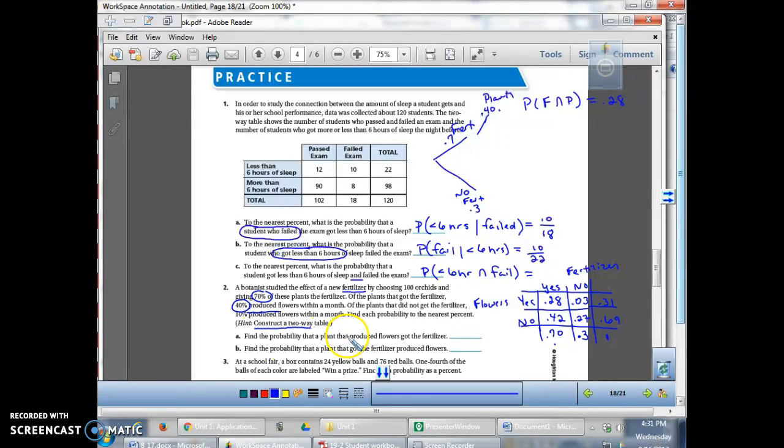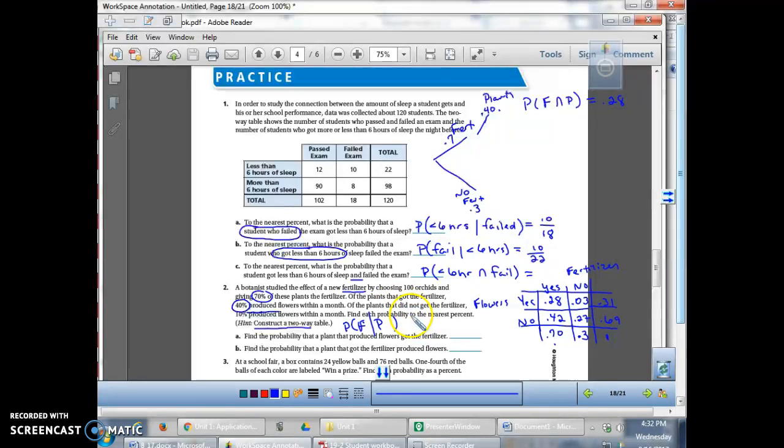So find the probability that a plant that produced flowers got the fertilizer. So I need to determine my given condition. So I need to know the probability they got the fertilizer given they produced flowers.